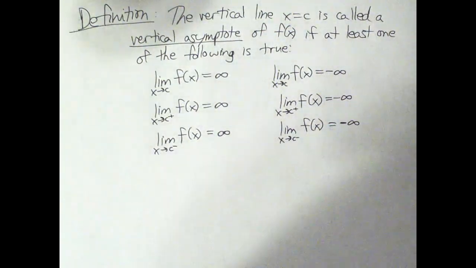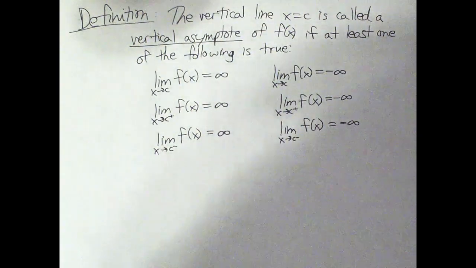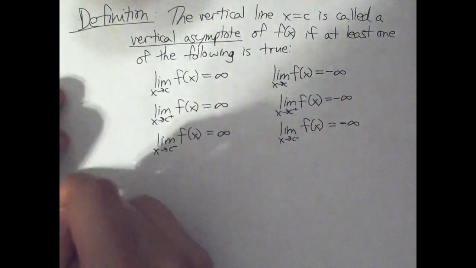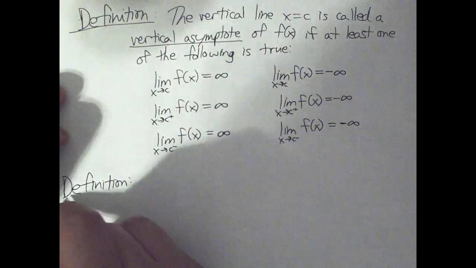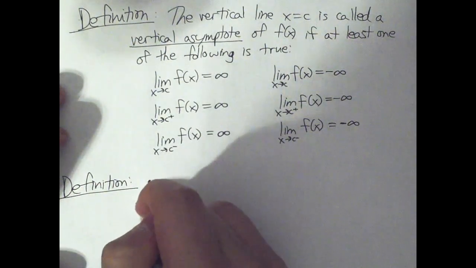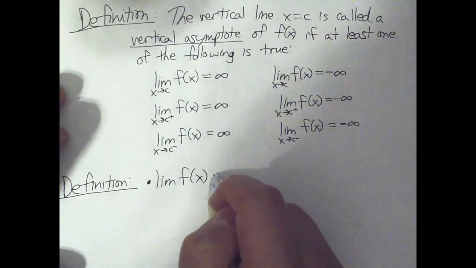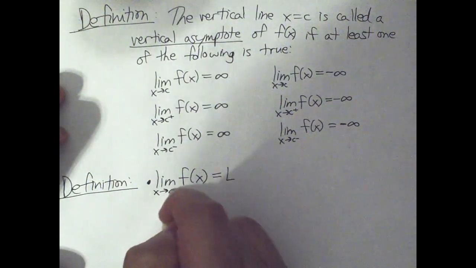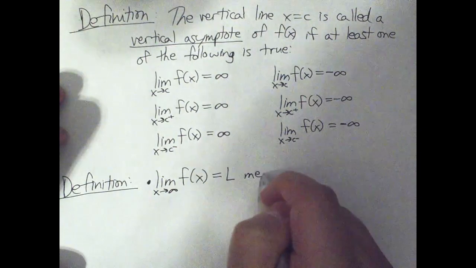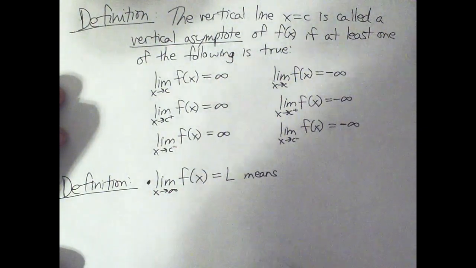Now, this section is called limits involving infinity. And what we just did is one type of limit involving infinity, but there's also another. So let's get a definition going. The other type of limit involving infinity is when a limit equals some number, but x is approaching infinity. This is different. This time, instead of x approaching c, the infinity symbol is showing up there.